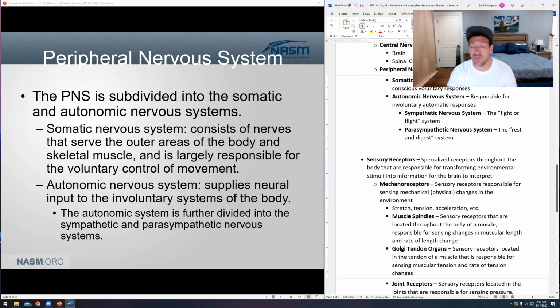So then we've also got the autonomic part of our nervous system dividing into two other divisions, which is related to what we just talked about, either stress or sort of unstress. So the autonomic nervous system is going to divide down one more time into the sympathetic and parasympathetic systems. The sympathetic system is the fight or flight response.